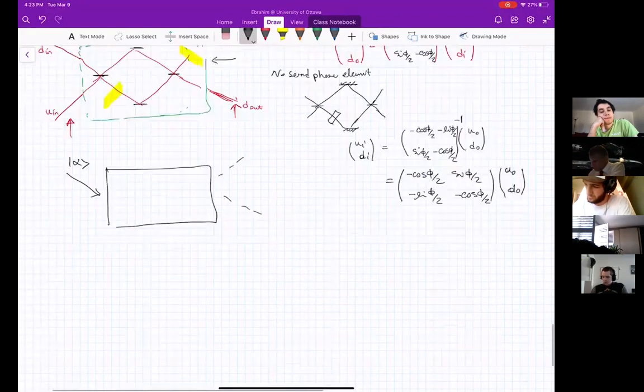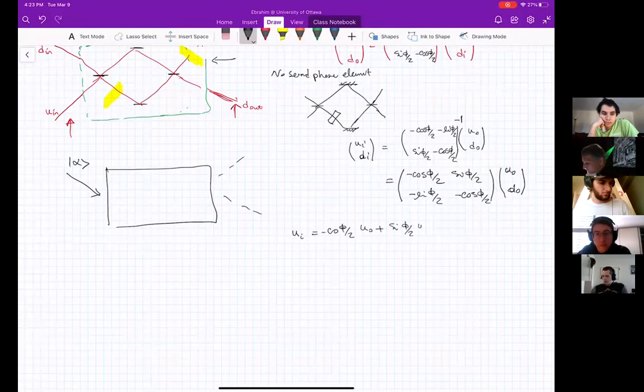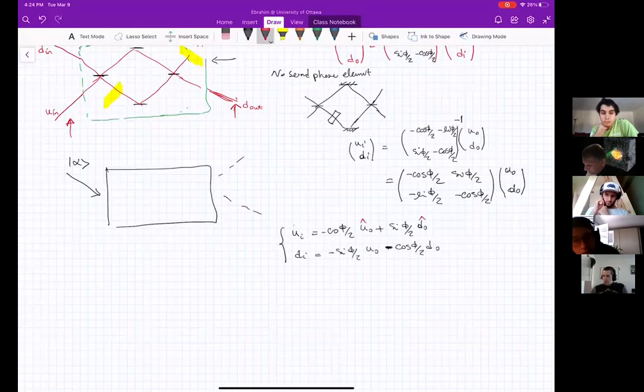Good. So then U in is linked to minus cosine of phi divided by 2 UO plus sine phi divided by 2 DO. And then D in is equal to minus sine phi divided by 2 UO minus cosine phi divided by 2 DO. Remember, this is the field, and essentially you can just go with operator formalism.